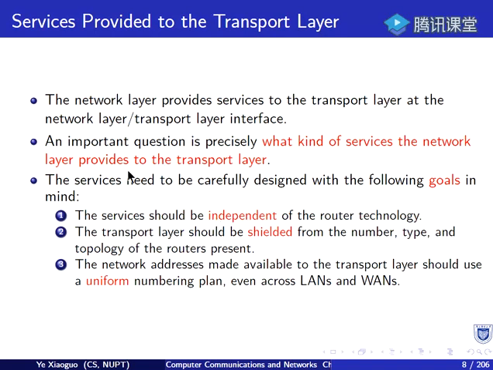So the services need to be carefully designed with the following goals in mind: service independent, the transport layer should be shielded from the underlying characteristics, and the network addresses should use a uniform numbering plan.